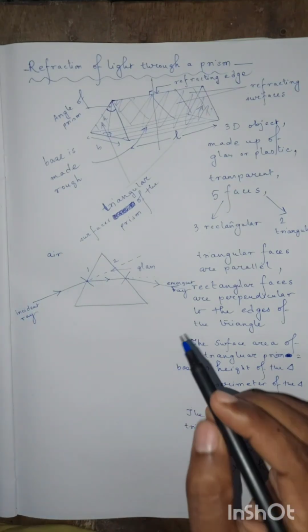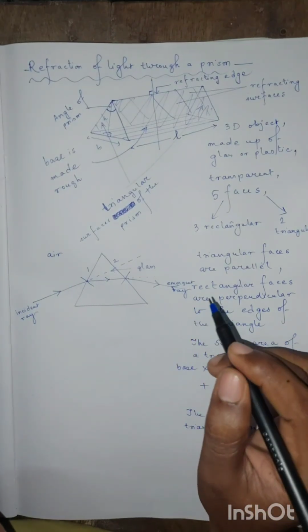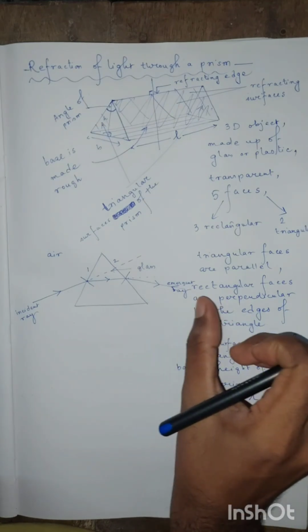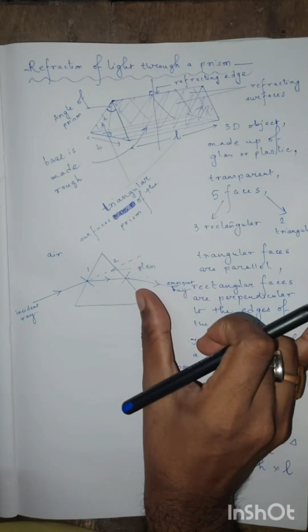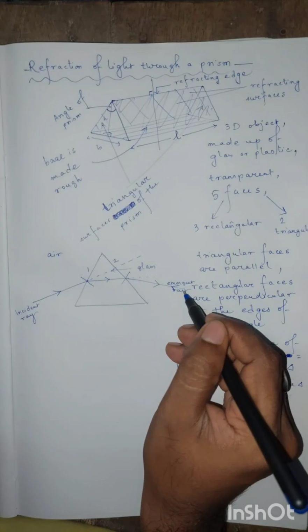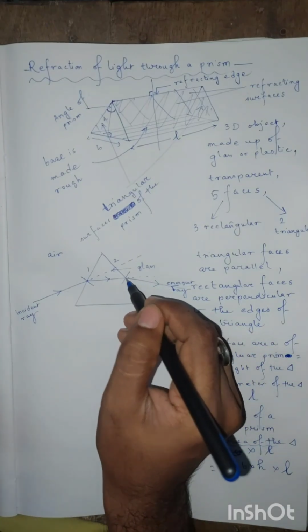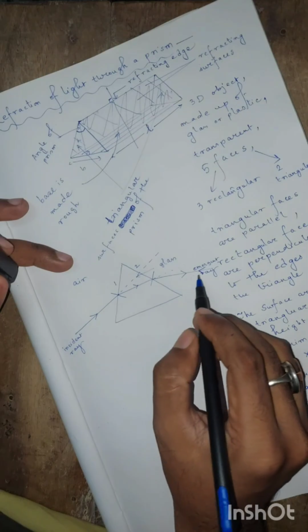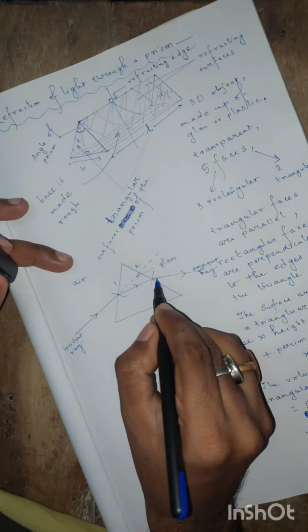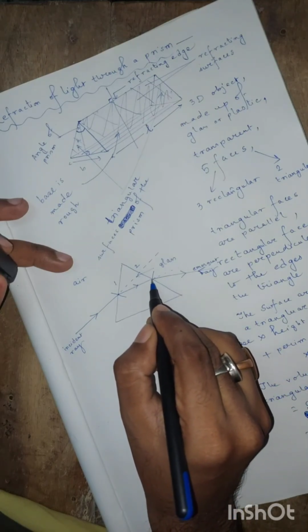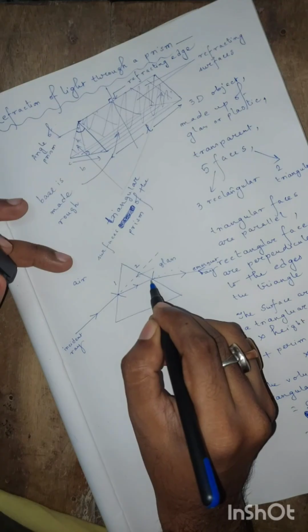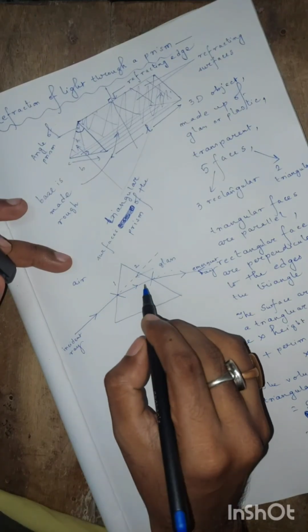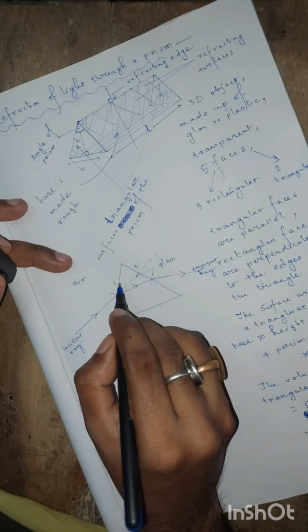So when we consider sending the light ray from the opposite direction, the light ray will go like this, and after refraction it bends towards the normal. If we remove the prism, the light ray should go like this.